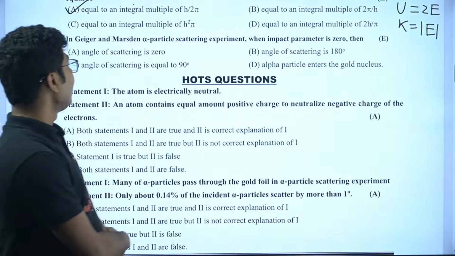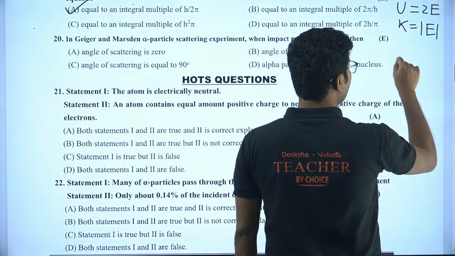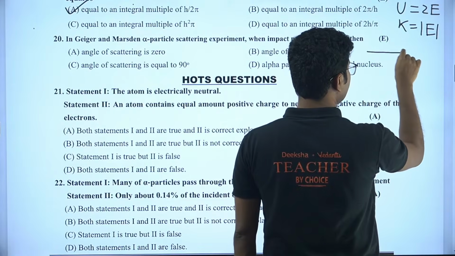So, when the impact parameter is 0, what is the impact parameter? Suppose this is the nucleus and the alpha particle is going like this.